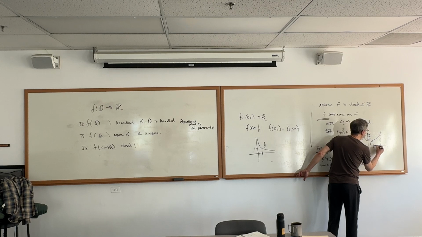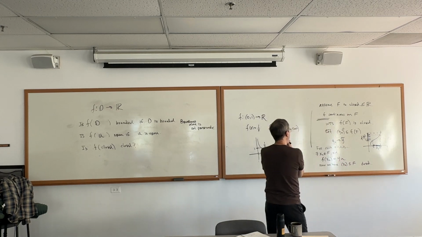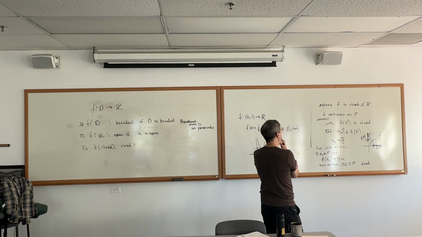x1, x2, ... Now, how do I get those points converging to something? That's what I'm starting to wonder here right now. How do I know the x sub n's converge somewhere?